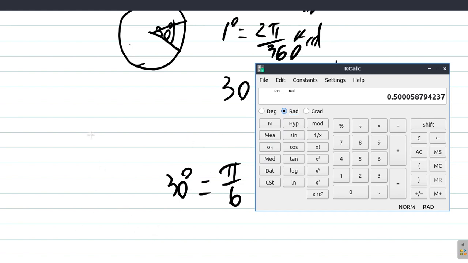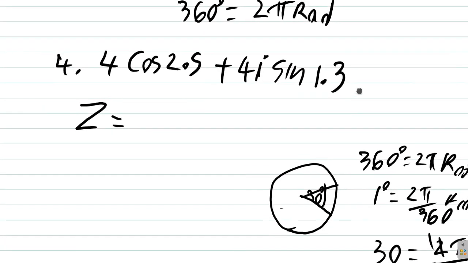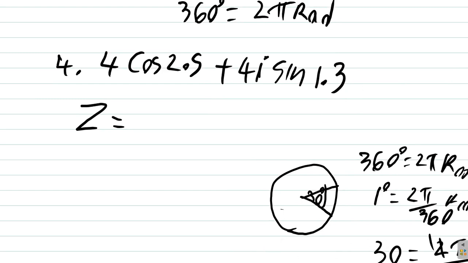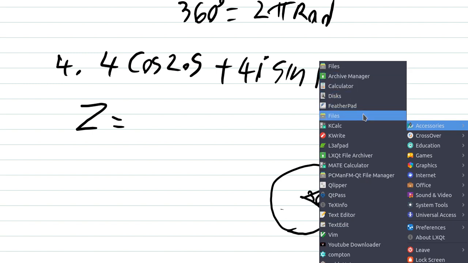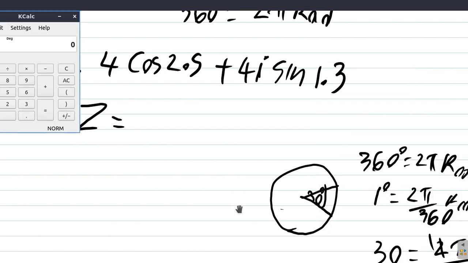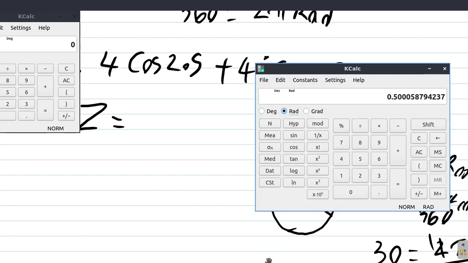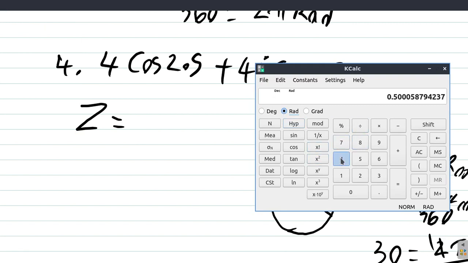Now, what we're going to do is say 4 cos 2.5. Now that I trust this other calculator, I'm going to use it. So this is calc. That's the calculator we have here, right? And I say 4 multiplied by 2.5 cos.